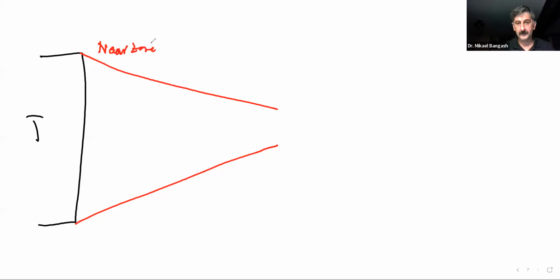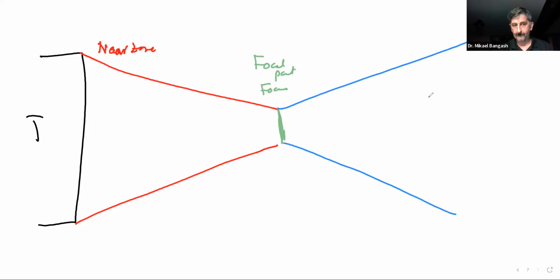This is the focal point, or what we also called focus. And after that, we can say, is the far zone.